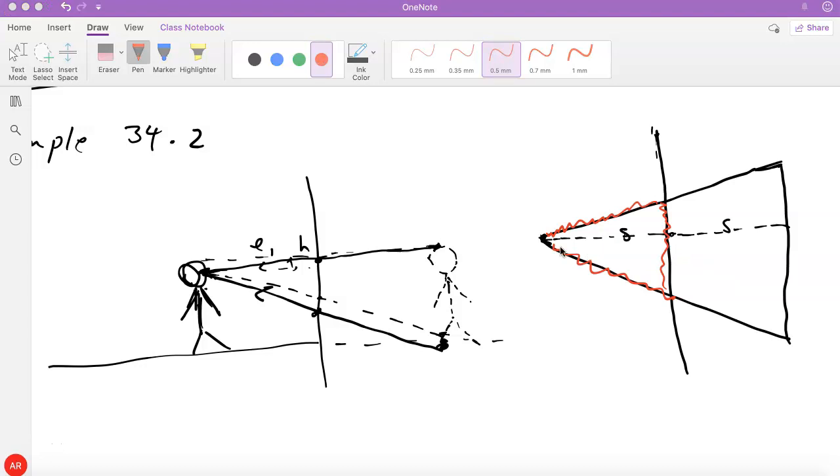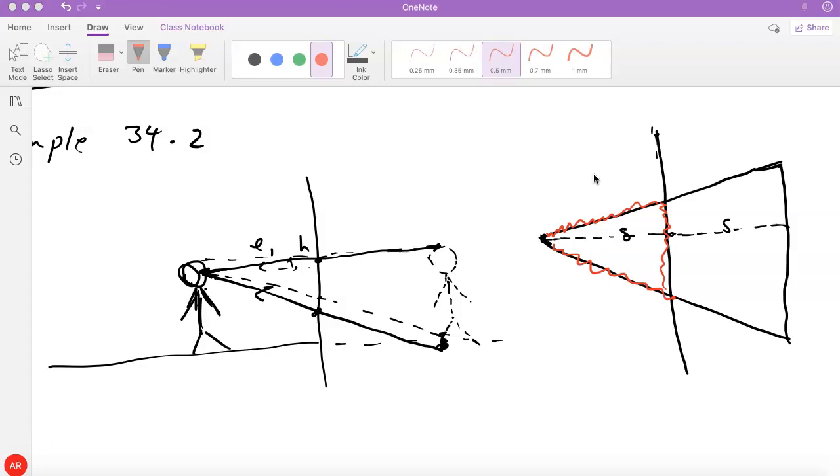So the line perpendicular from this vertex to this side, I guess it's called the altitude, here has a length s, in this case has a length 2s, and all the angles are the same, like the wall is vertical, your image is vertical. So the red one and the big black triangle, they're similar triangles.